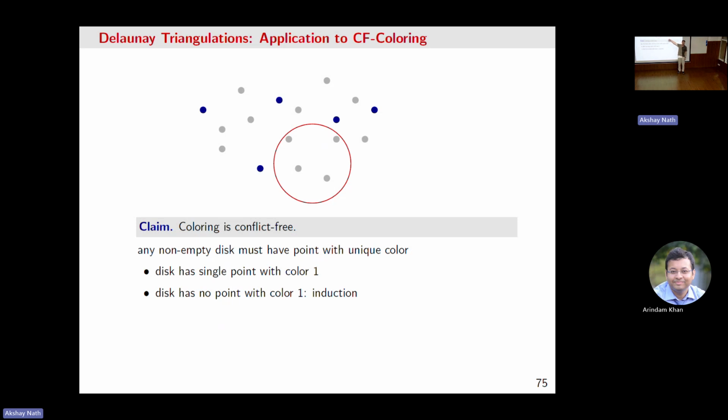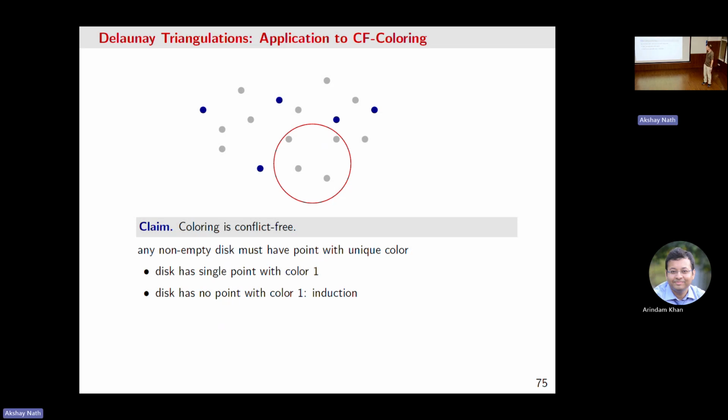Because you assume that we have at least 1 point. And now I simply say, okay, these points were colored inductively. So with my induction hypothesis, I can assume that from the colors 2 to whatever maximum number of colors I use, there's a unique point.